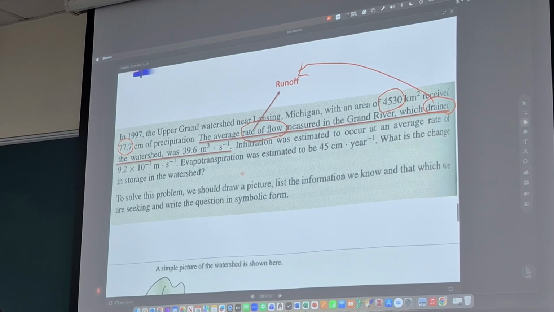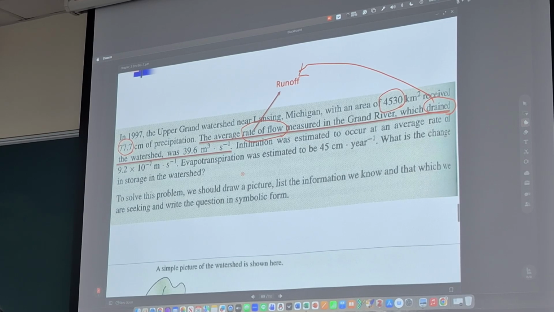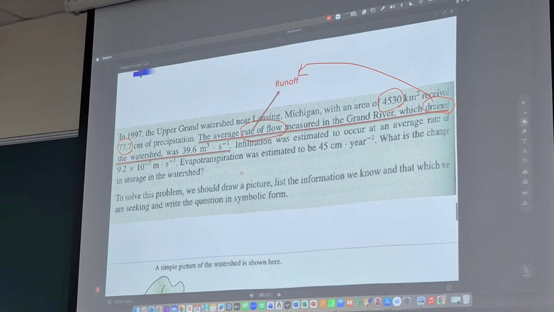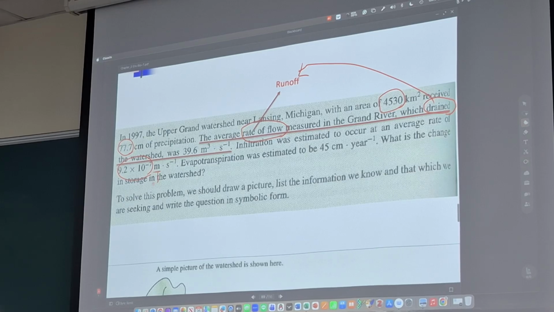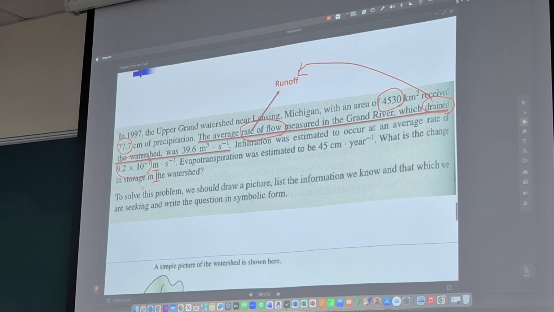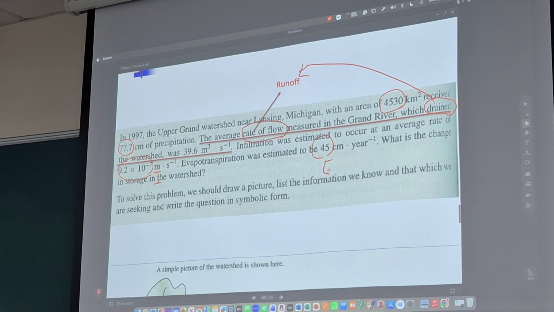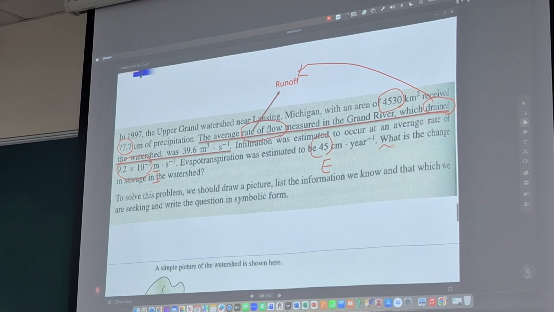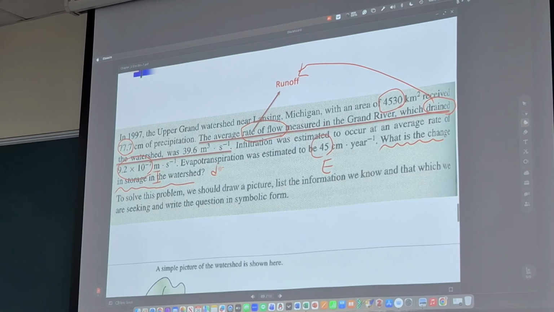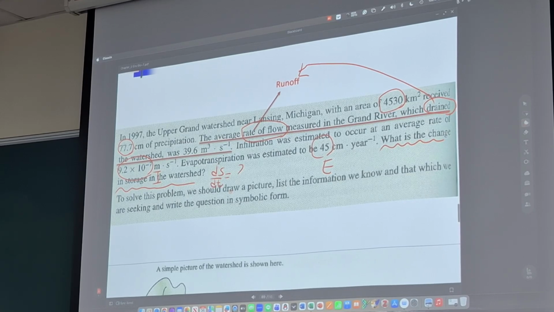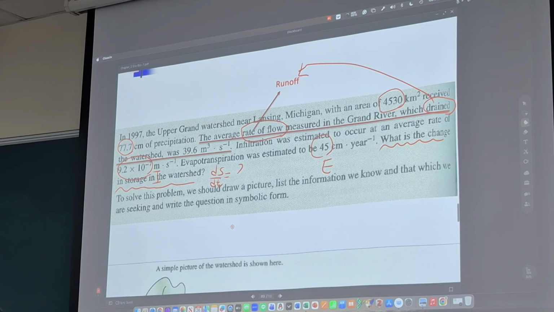Okay, so this question, this is I, and this is E. The question asks us, what is the change of storage? It asks us to calculate dS/dt.